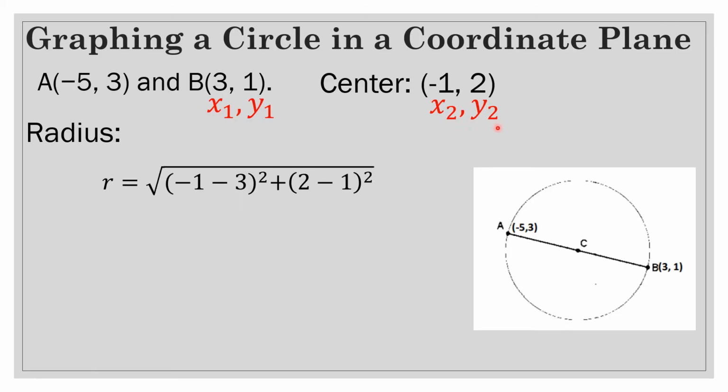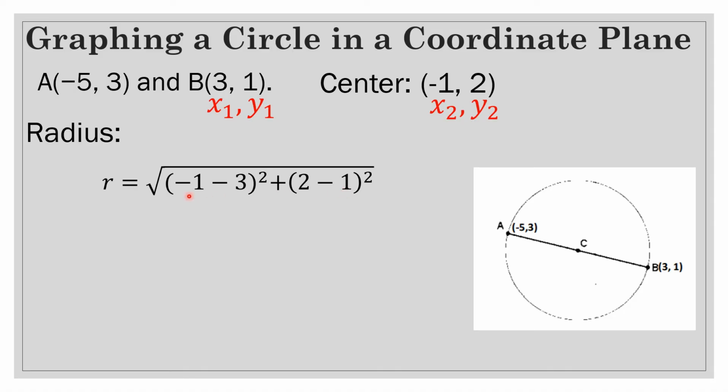So, using the distance formula, substitute lang natin dun sa formula natin, yung square root ng quantity x sub 2 minus x sub 1 squared plus quantity y sub 2 minus y sub 1 squared. Ito na yon pag sinubstitute. X sub 2 is -1, x sub 1 is 3, y sub 2 is 2, and y sub 1 is 1.